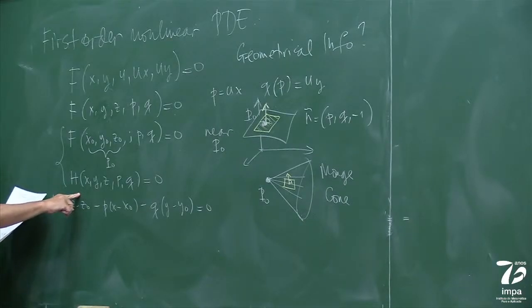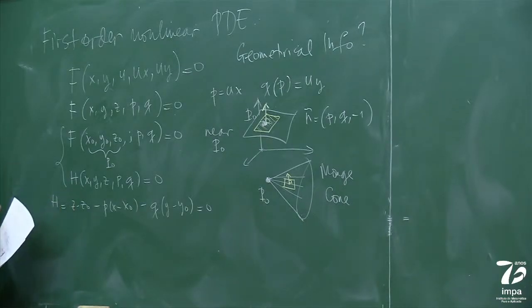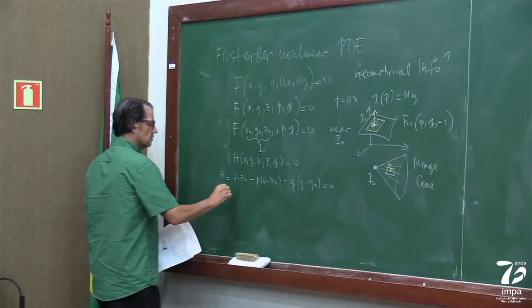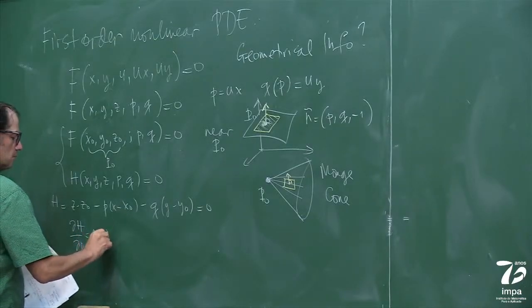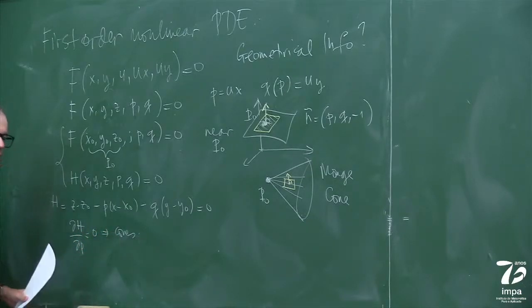This is my family of planes, and if we look for the cone, it comes out of the envelope of this, right? And there's the envelope condition, which gives us the cones, right?